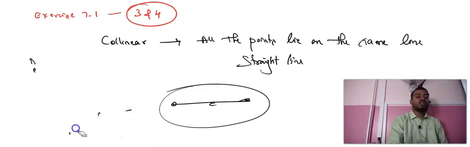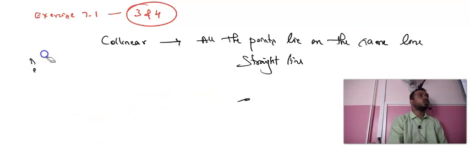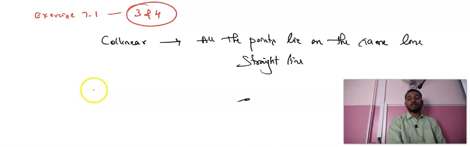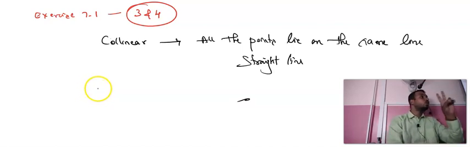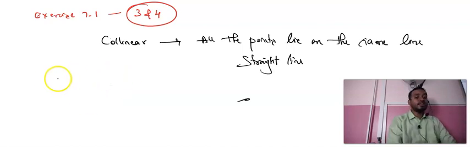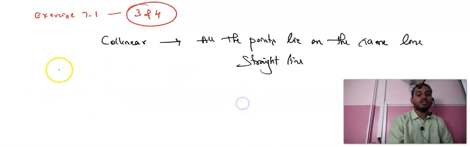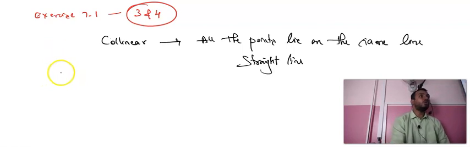Now, to solve this problem, we have 2 cases, 2 conditions. Either you can use distance formula and solve, or you can use area of triangle and solve. Understood? If you are using distance formula, I am giving the hint how to solve this.